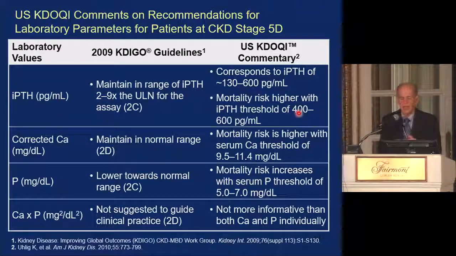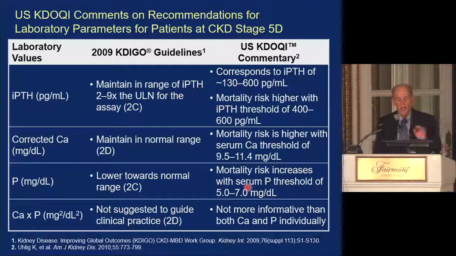Probably not. 150 to 400 is probably a little better. Can it go up to about 600? Maybe, but try to get it down. You don't want a PTH much above 400, especially sequentially. Calcium should kind of move toward the normal range. Higher calcium is bad, lower calcium, not so bad.